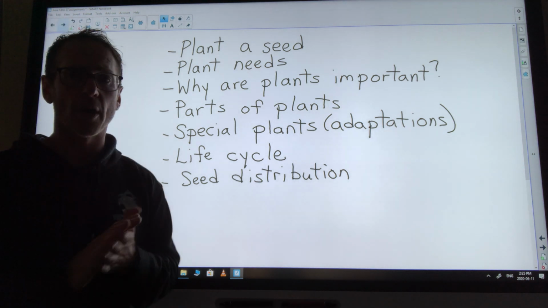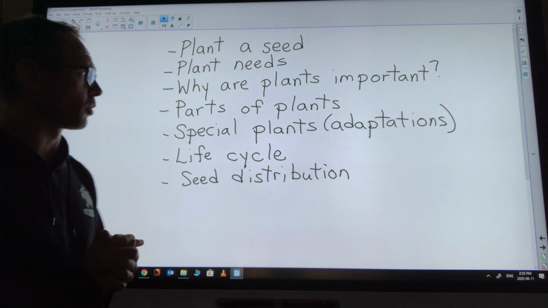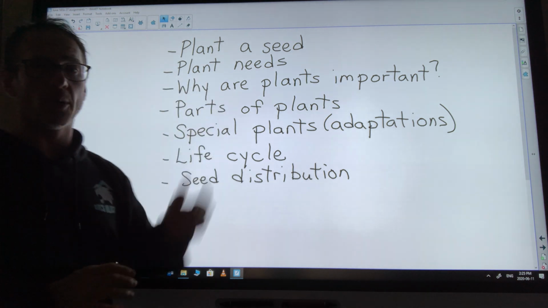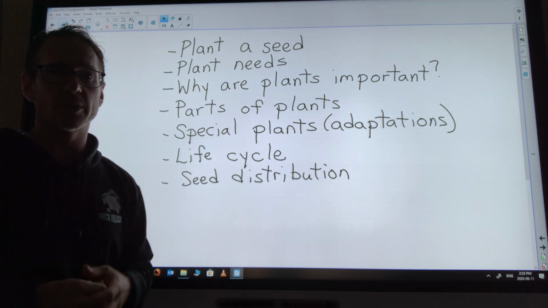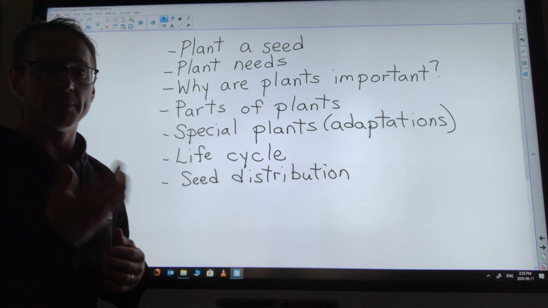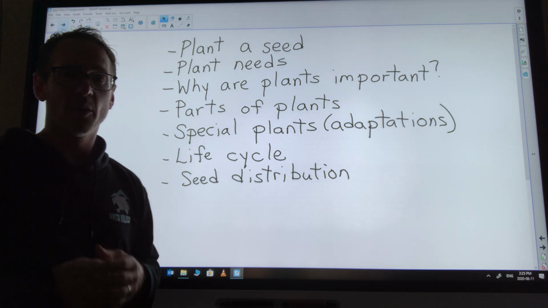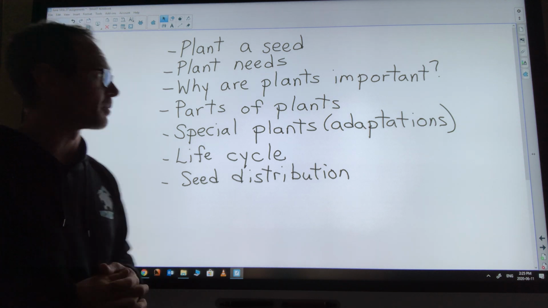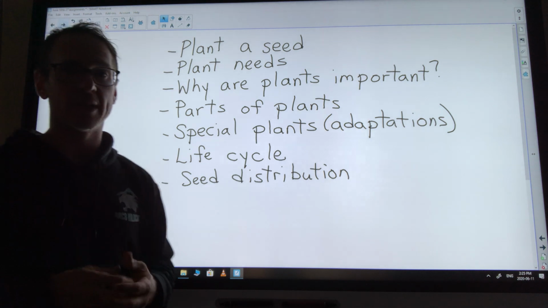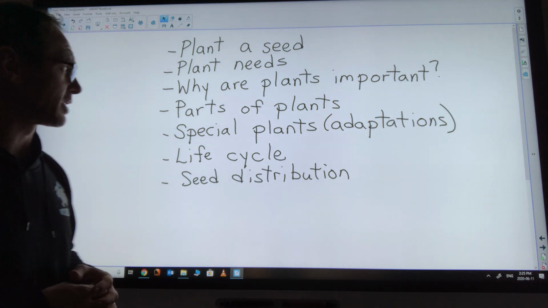They're also part of the water cycle, which is important too. For people, we use plants even more because we use them as part of our jobs. We make our houses out of them. We make lots of different products out of them. So plants are very important both to nature and to us humans in general.